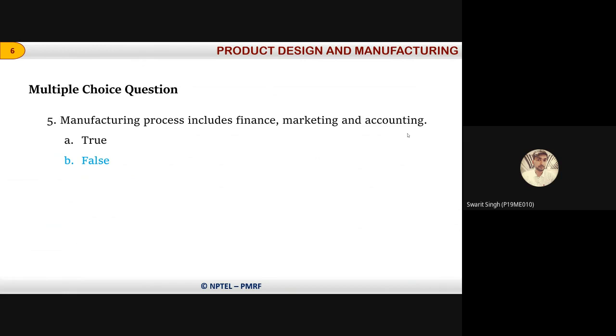Finance, marketing, and accounting are done by some other group or team. The people from management look over all these aspects, while the engineers and the workers on the production side see the various aspects of the manufacturing process, right? I hope you got the answer.